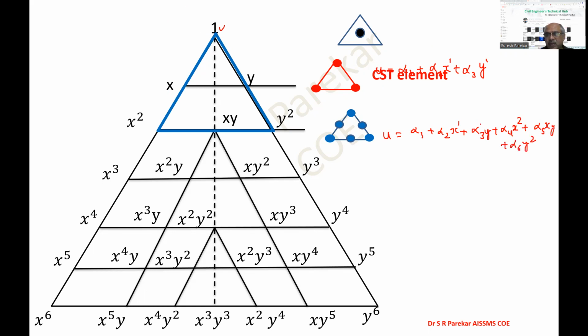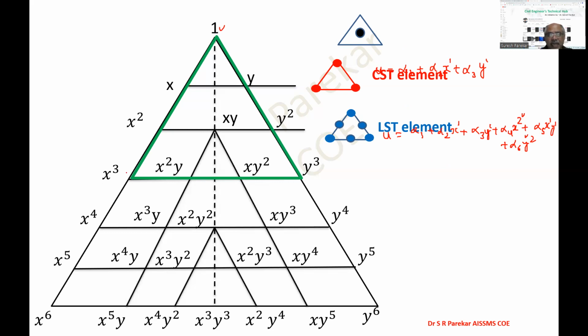So you can say x to the power 1, y to the power 1. Here also x to the power 1, y to the power 1, x to the power 2, y to the power 2. So we have geometry maintained. This is the LST element. Now we are not going to consider 9-noded because we have 1, 2, 3, 4, 5, 6.